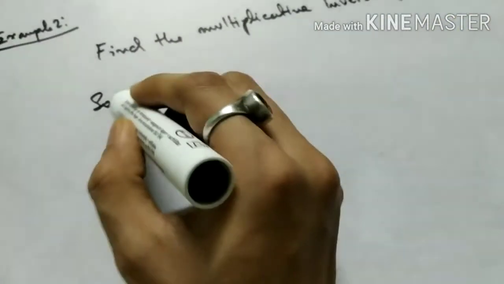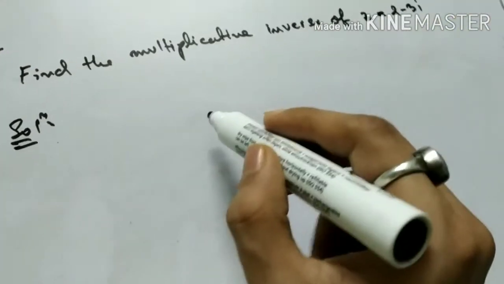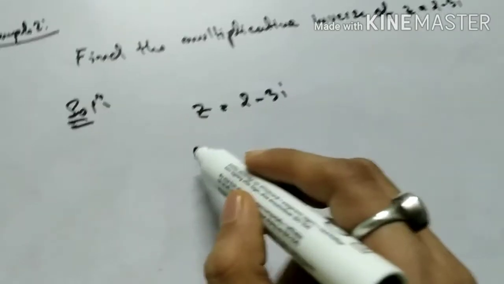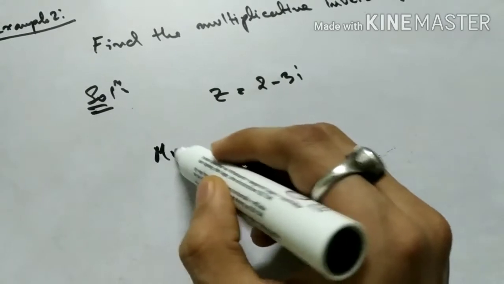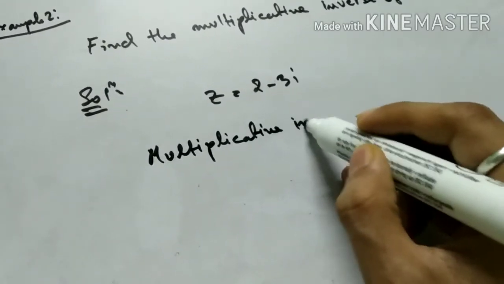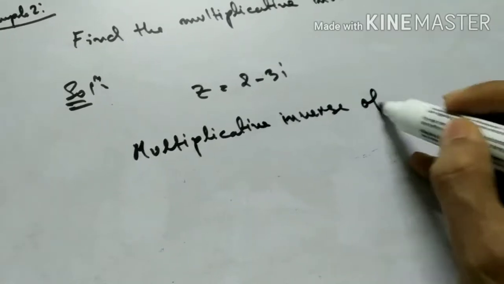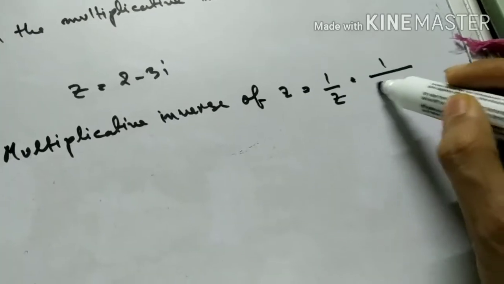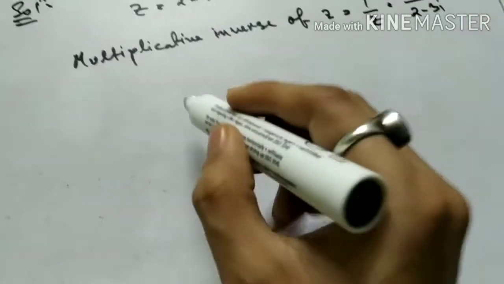Find the multiplicative inverse of z. So z is equal to 2 minus 3i. So the multiplicative inverse of z is equal to 1 by z, equal to 1 by 2 minus 3i.